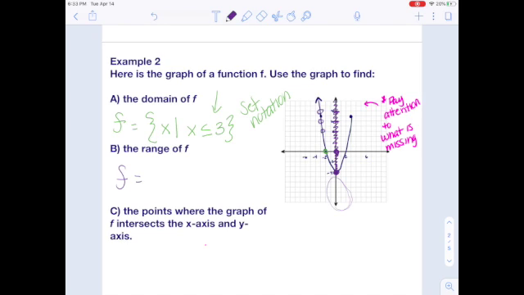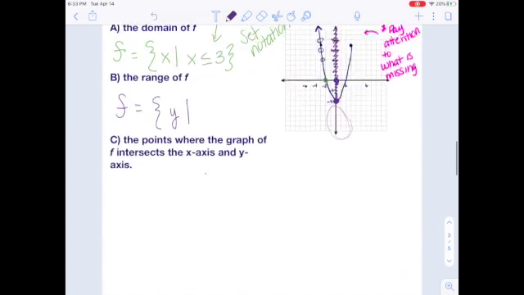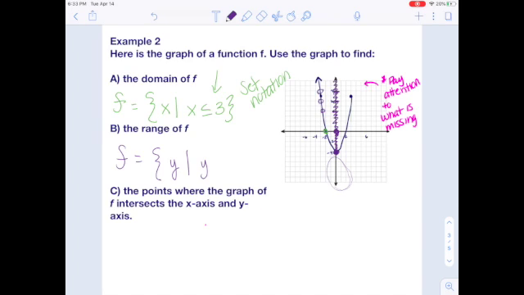So our range is really the function is equal to for all values of y such that y has to be greater than or equal to -4. So you kind of look and see what's the lowest that graph goes. It has the lowest value of -4 right there and goes to infinity.